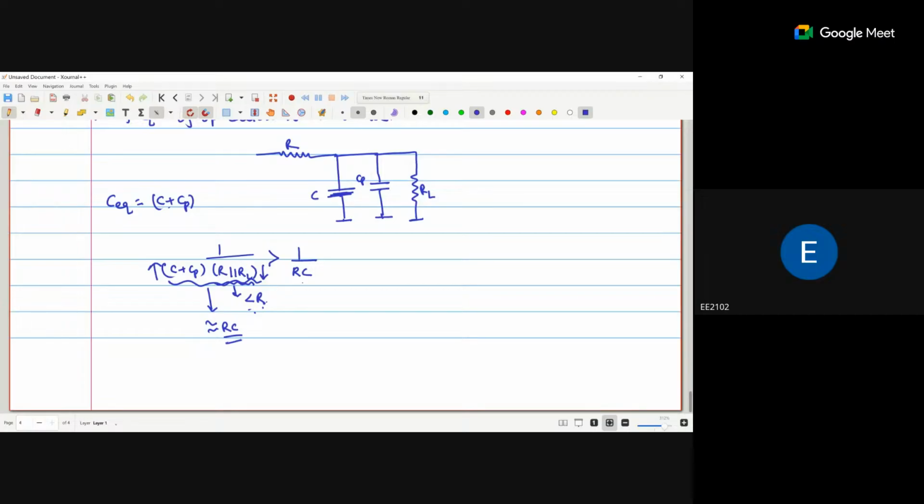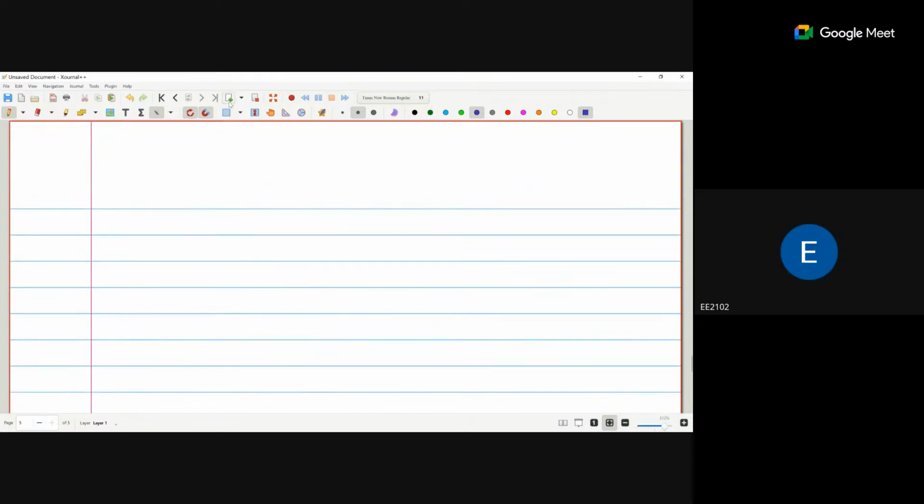So my filter is Vi, RC. Okay. So this is my filter, low pass filter.